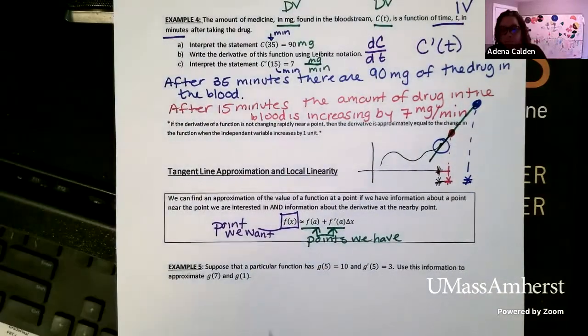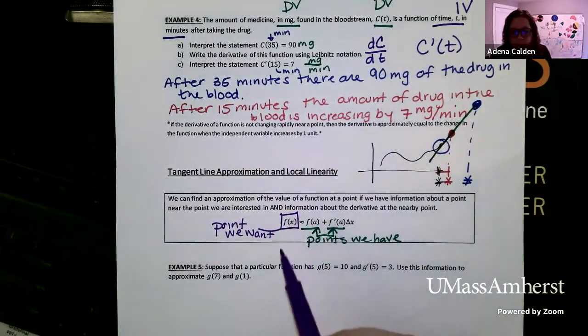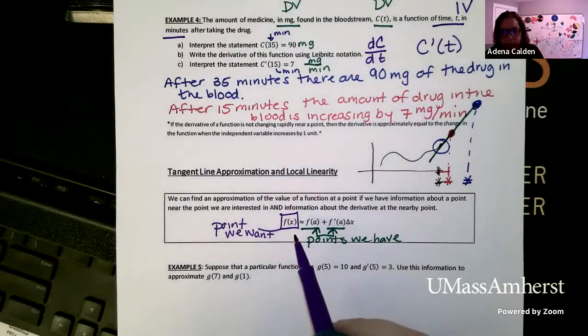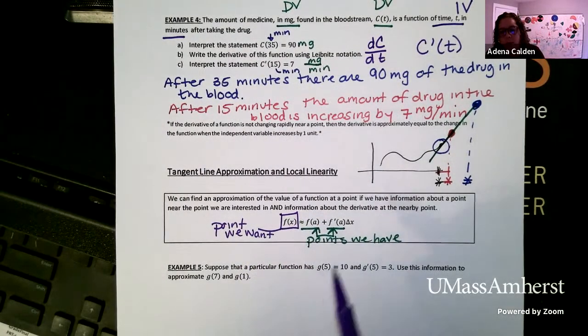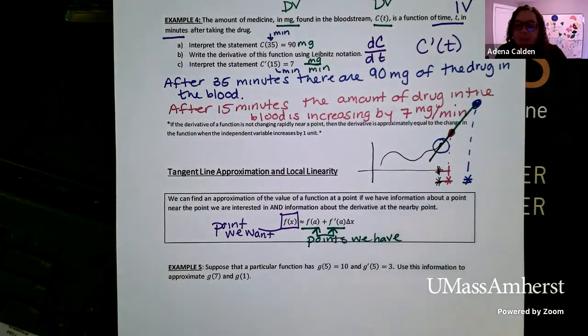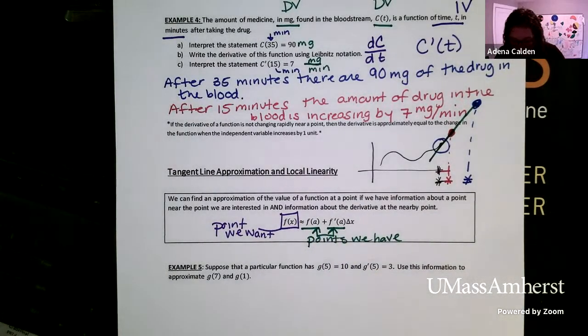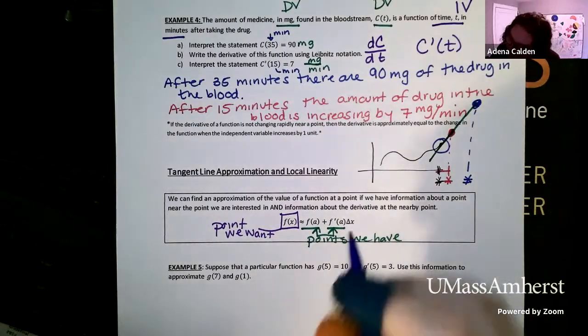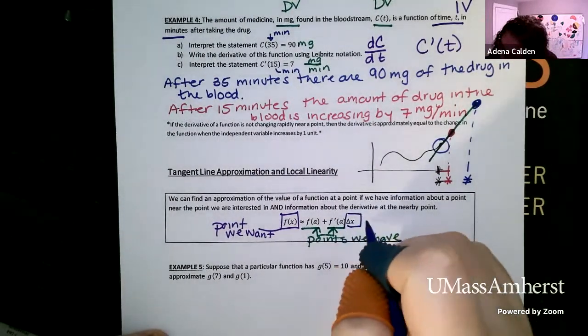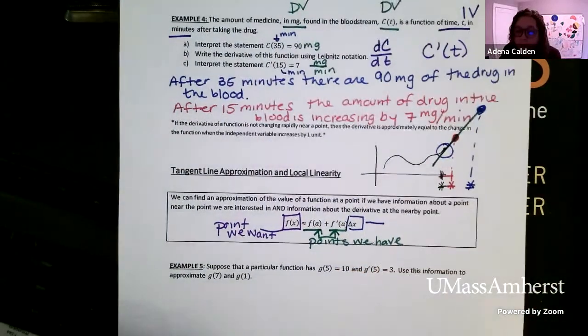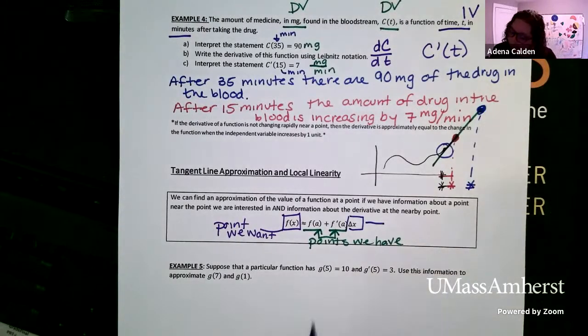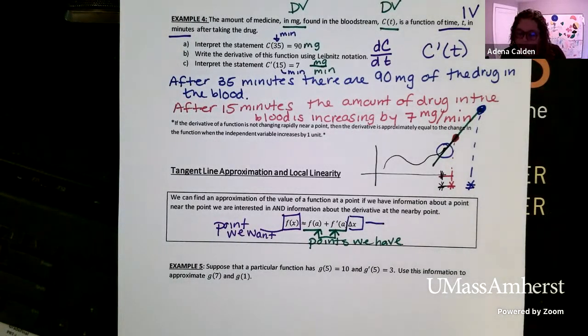It's not a function, x is going to be a value. So let's say we're trying to figure out what's happening at f of 10. This is the point we want, and these are the points we have. And then delta x is going to be the difference between the points that we have and the point that we want.